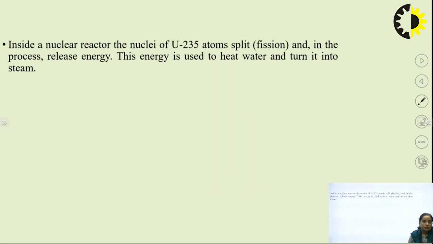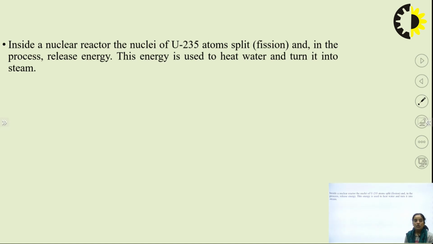Inside a nuclear reactor, the nuclei of U235 atoms split. As we know, there is a fission process in the nuclear reactor, and in this process enormous energy is released.